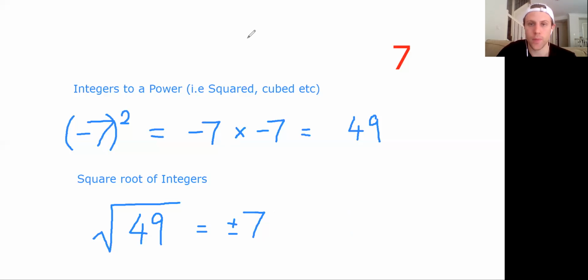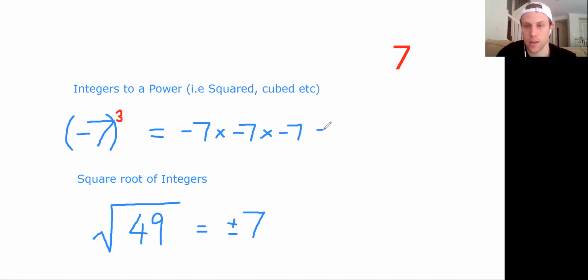Before we go, let's have a look at what happens when we don't have a squared. What happens if we have a cubed instead? Cubed, because 3 dimensions is a cube, and to the power of 3 must mean that it's -7 times itself 3 times instead of 2 times.